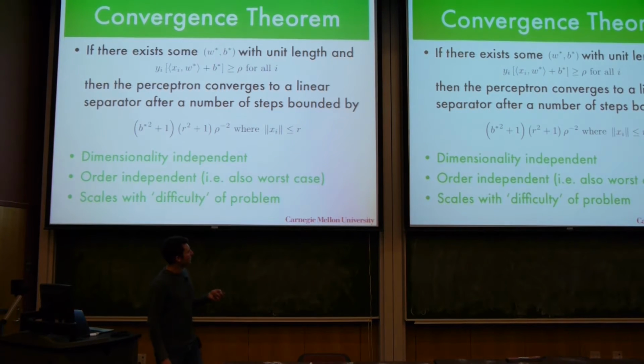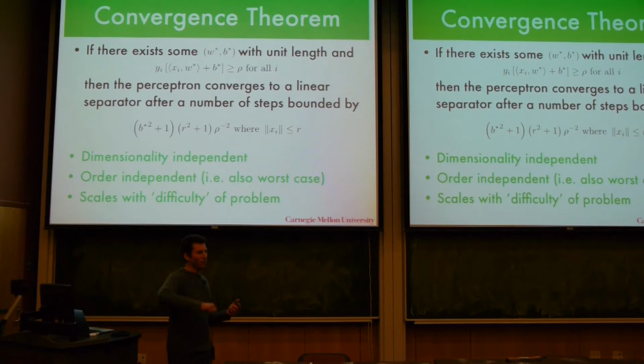In any case, here's what we get. It says that if we have some linear separation which separates the data not just by the skin of its teeth, but with some margin, in other words f of x times y is always greater or equal than some rho, then the perceptron will converge to a linear separator after a number of steps bounded by (R squared plus 1)(R squared plus 2) divided by rho squared.